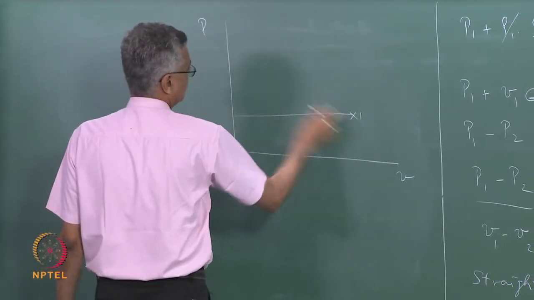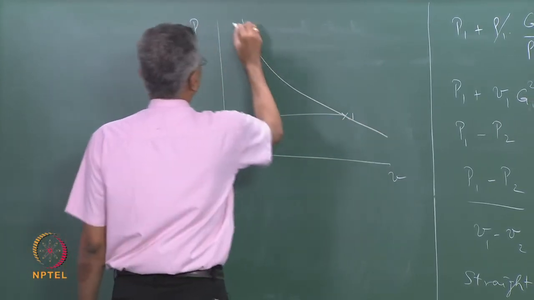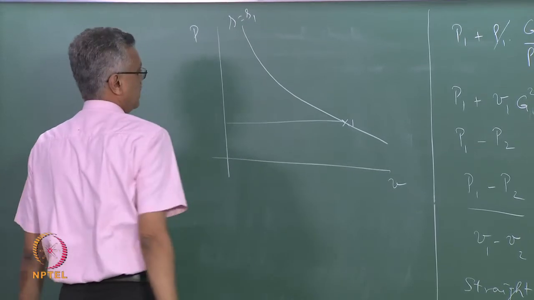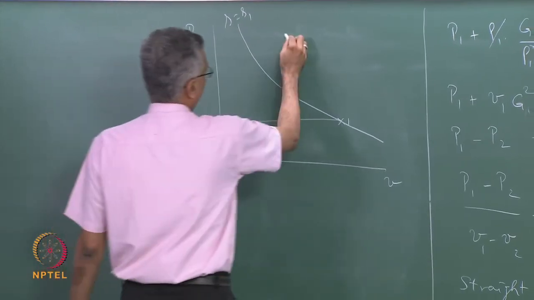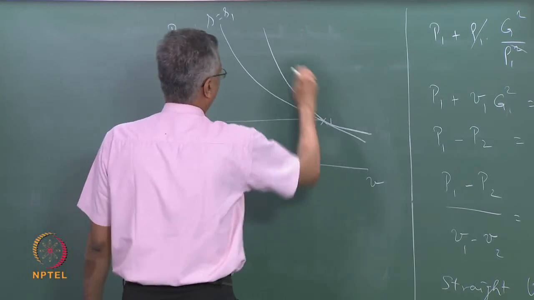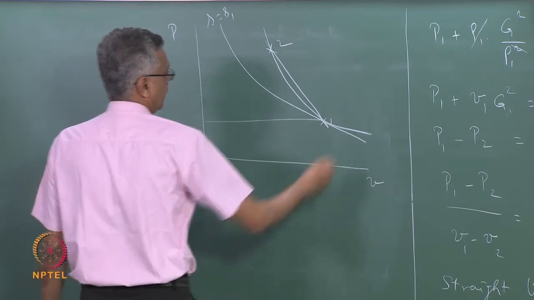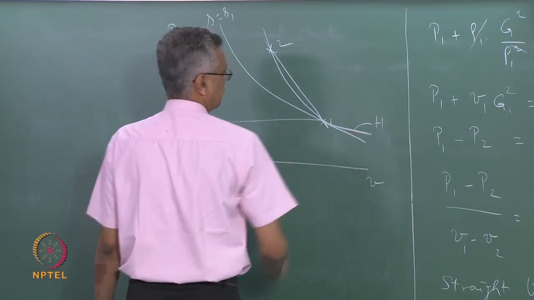So let us say that this is state point 1, and let us say that this is the isentrope which passes through state point 1. Now remember, the H curve is actually steeper than the isentrope, so this is state point 2 and this is the H curve.